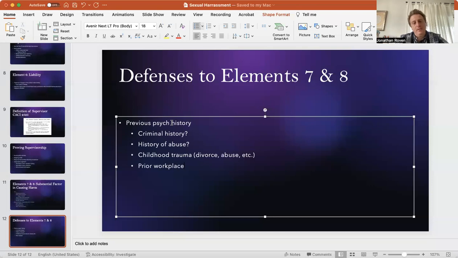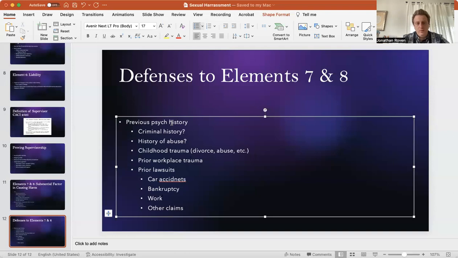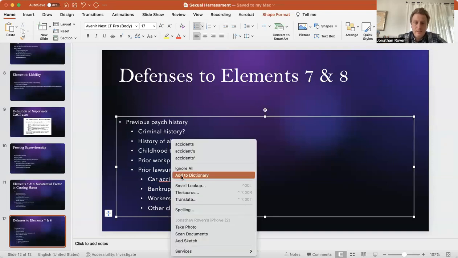Prior workplace trauma, prior lawsuits, like car accidents, bankruptcy, other claims, workers' compensation, all sorts of stuff that they will try and get their hands on in order to prove it.